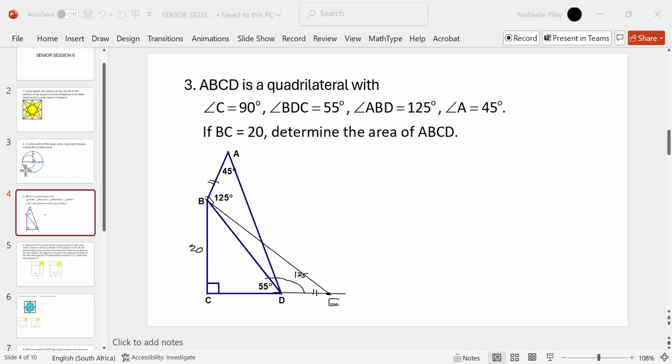Right? Which two triangles? The triangle ABD and... so triangle ABD is congruent. So let's name these things nicely. AB is going through double stroke, so you must go through double stroke.